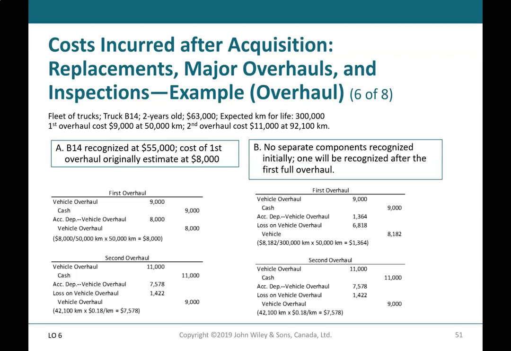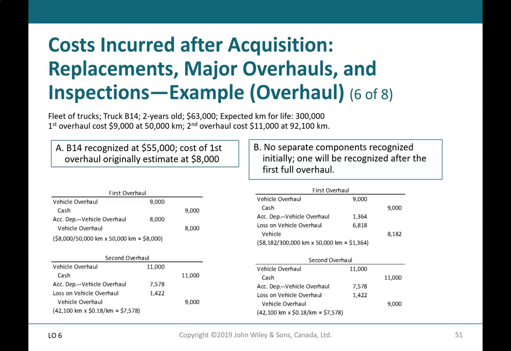Second overhaul: debit vehicle overhaul 11,000, credit cash 11,000. Debit accumulated depreciation vehicle overhaul 7,578, debit loss on vehicle overhaul 1,422, credit vehicle overhaul 9,000.